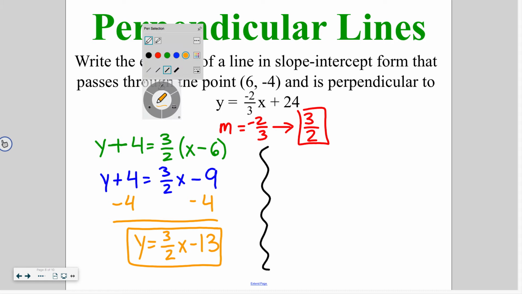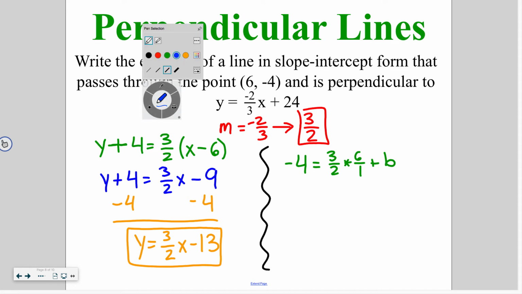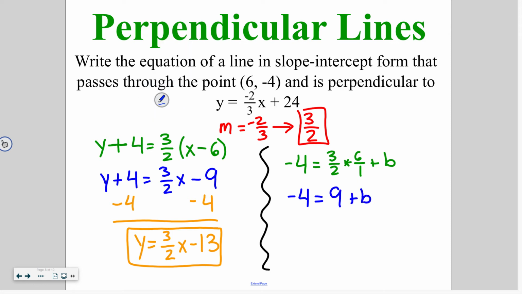If I go ahead and plug in to my slope-intercept format, I'm going to start with negative 4 is equal to 3/2 times 6/1 plus b. After I do my multiplication, I end up with negative 4 is equal to 18/2, which gives me 9 plus b.